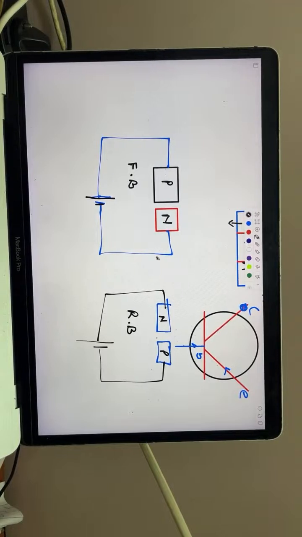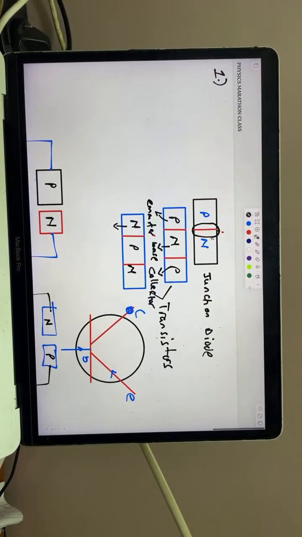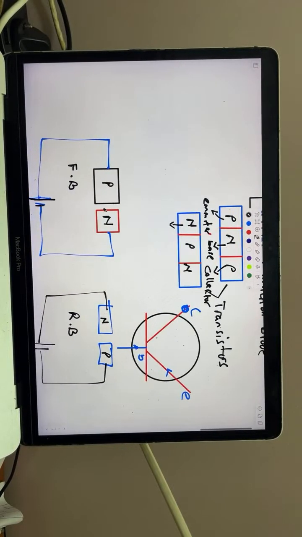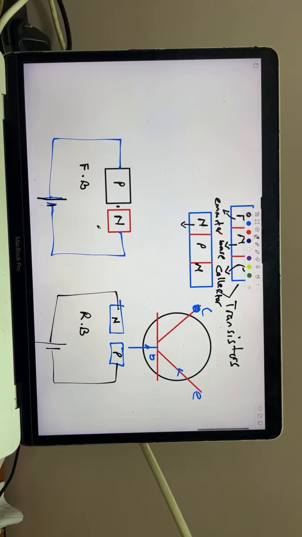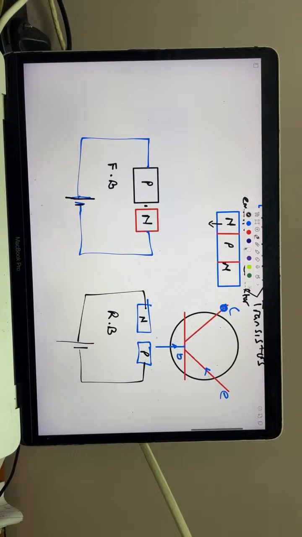Now what is the depletion region? You will notice that in the first place when I drew this, I did not put any space in between them. So intentionally I put a space here for the purpose of explanation, to explain what we call the depletion layer. So actually in that junction, in between these two, there is a depletion layer. And then what do you think will happen as current is flowing in this place?